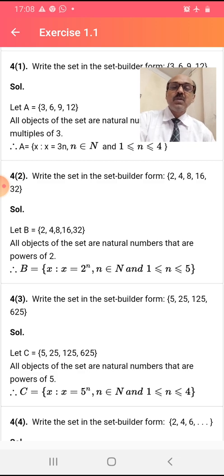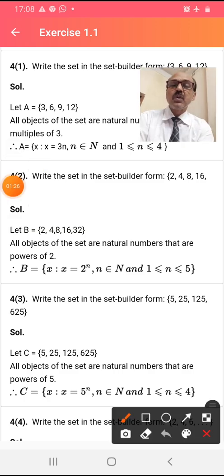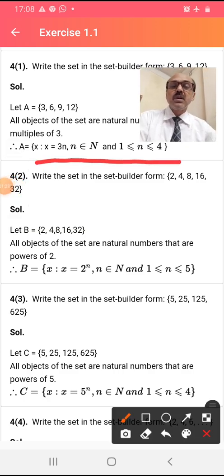N means 1, 2, 3, 4, any number. Here n, small letter n, is a natural number, so n belongs to capital N, and 1 less than or equal to n less than or equal to 4.